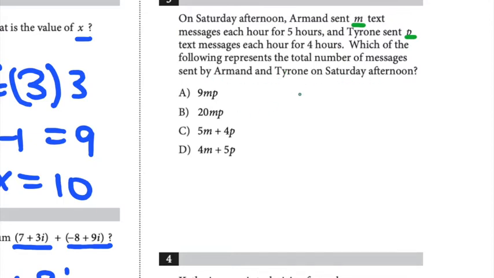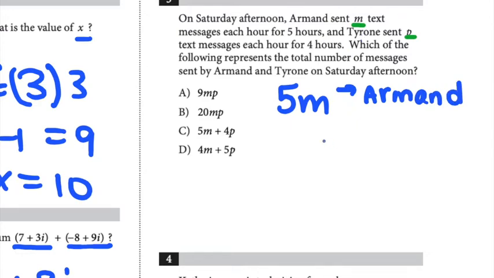Okay, so we know that Armand sends M messages each hour for 5 hours, so it would be 5M for Armand. This is Armand. And now we are given Tyrone to be P messages per hour for 4 hours, so this is Tyrone.